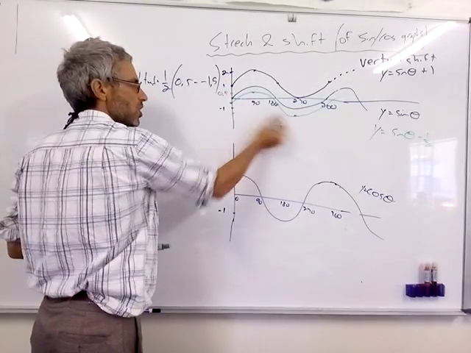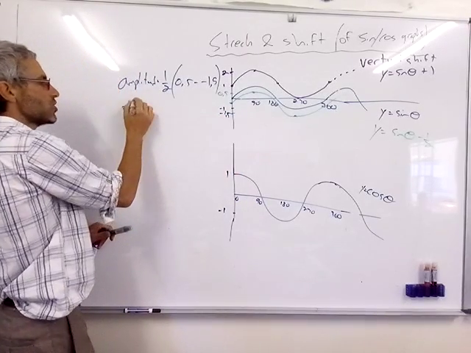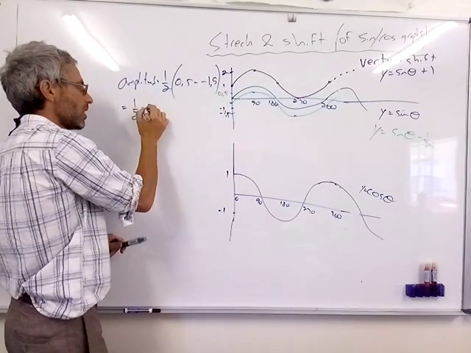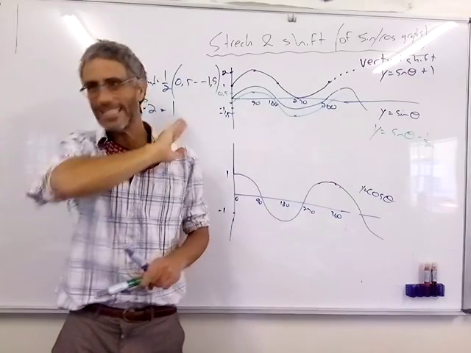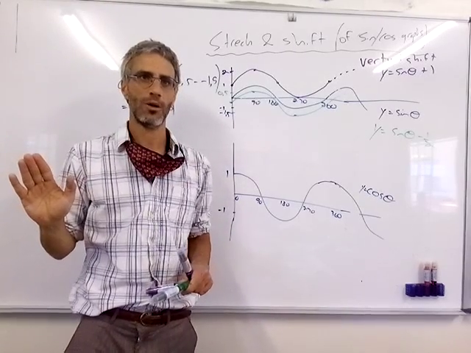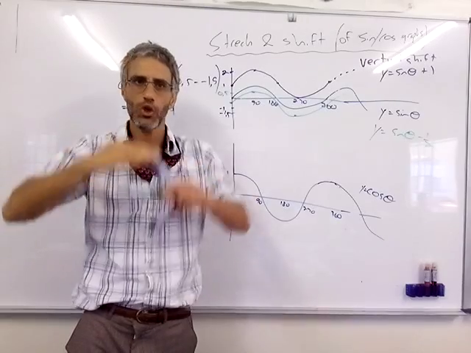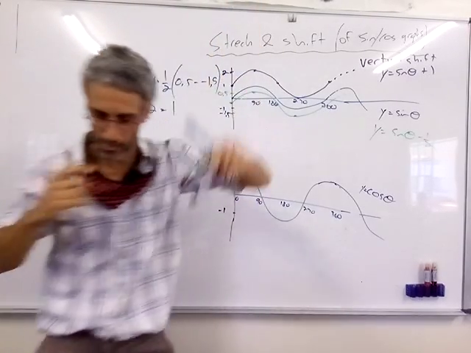Okay, because this is minus 1, this is minus 1.5. So how much is that? 0.5 minus minus 1.5 is 2. And half of that, the amplitude, is still 1. So shifting doesn't change the amplitude. What changes the amplitude? We already looked at that. Stretching did change the amplitude, okay? All right, I'll pause for questions.